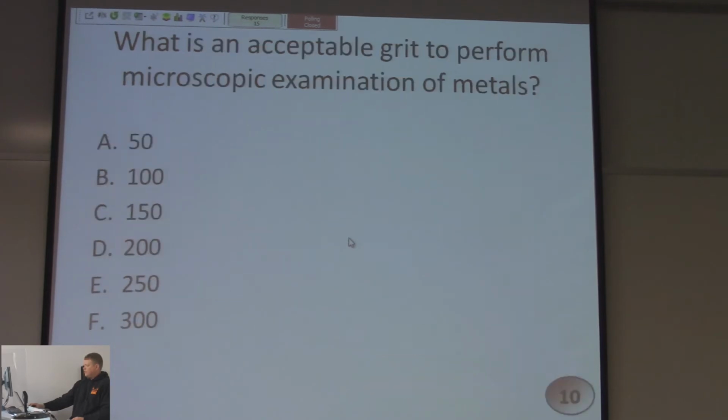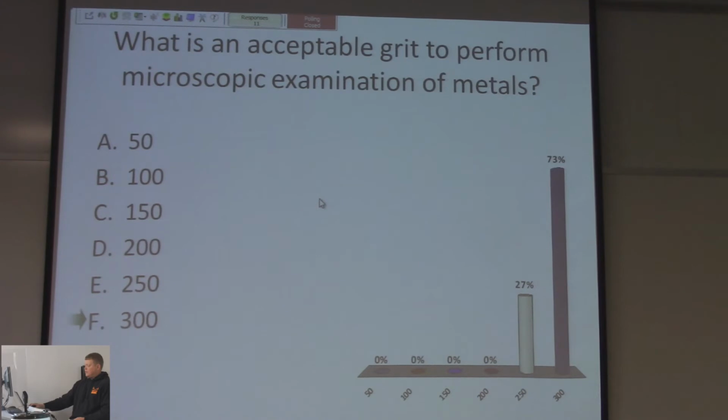What is an acceptable grit to perform microscopic examination of metals? 50, 100, 150, 200, 250, 300. Grit on paper, right? 300 grit is an acceptable grit.